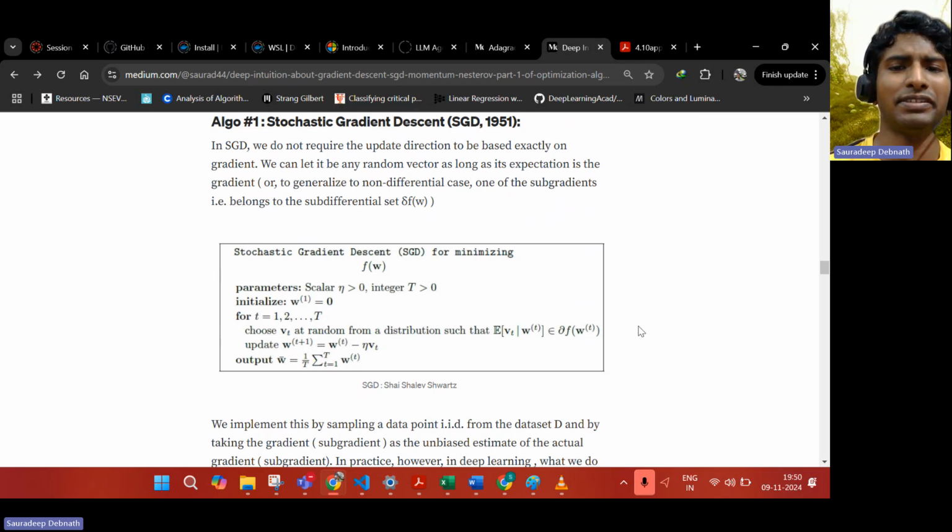So whenever we usually say SGD, these days we just mean mini batch SGD. Now, this SGD does simplify the computational expensiveness of original gradient descent, but it faces the same challenges as gradient descent.